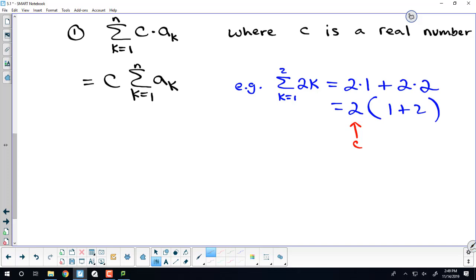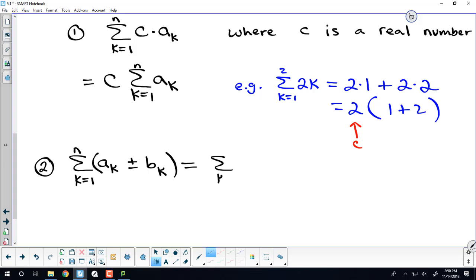And the other property that we're going to use eventually deals with if you have 2 or more expressions involving k. So we'll just call that a sub k, and it could be plus or minus another expression involving k. We could sum that up individually.